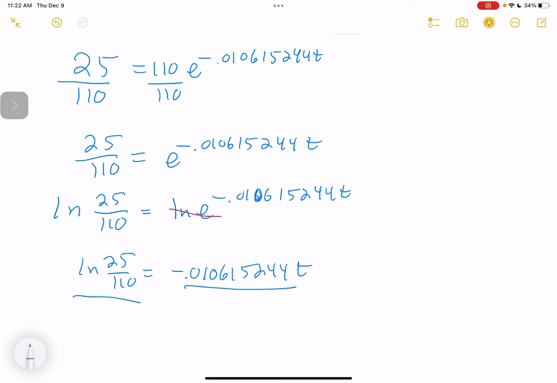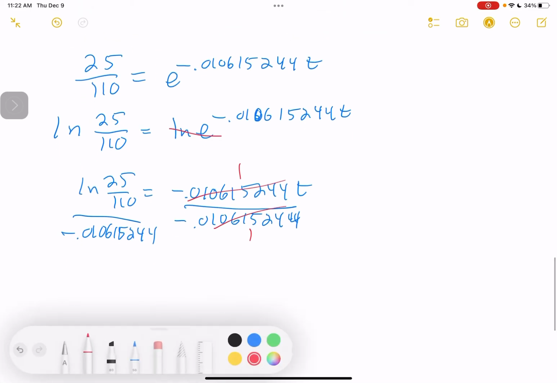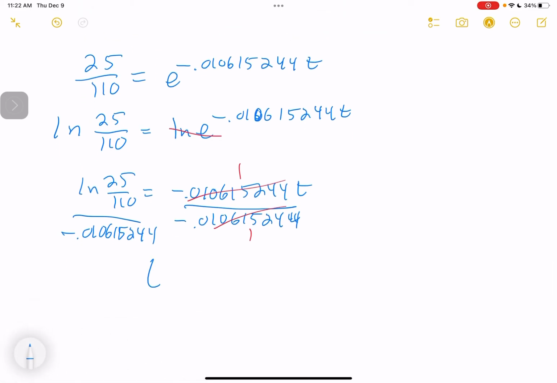Divide both sides by negative 0.010615244. Divide that out. And our t equals natural log of 25 over 110 over negative 0.010615244.